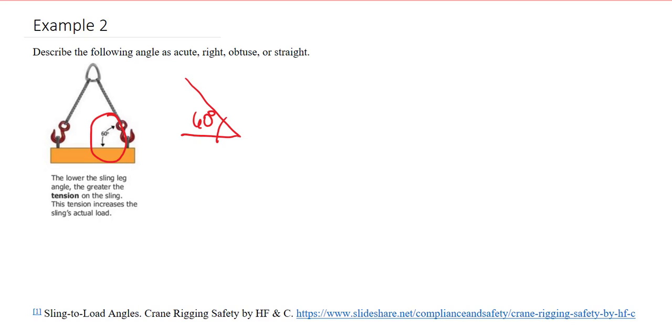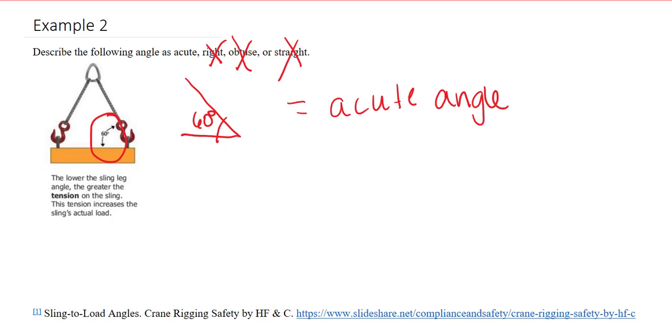It's not a right angle because that has to be exactly 90. Obtuse is anywhere from 90 to 180, so that's not that. And a straight angle is 180 degrees. So we know that this is an acute angle, because it's anywhere between 0 and 90, and this falls in that section.